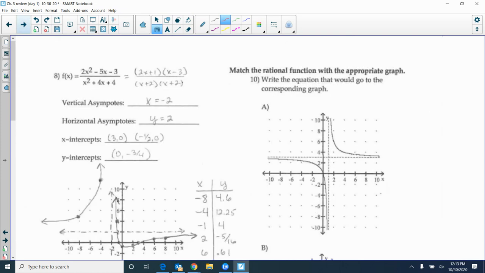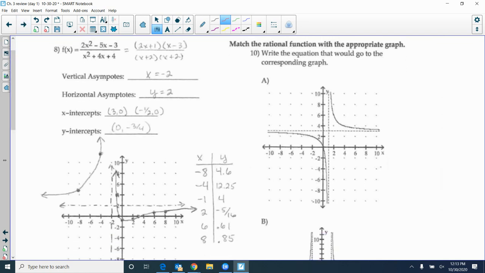All right, 8, again, factor numerator, factor denominator. This was a difficult one because the picture is not quite what you're used to. It does go down below the x-axis and then comes back through our x-intercepts, (3, 0) and (-1/2, 0).